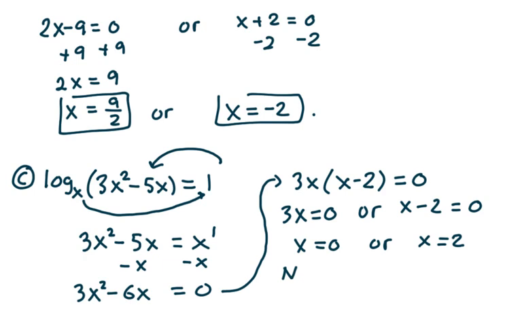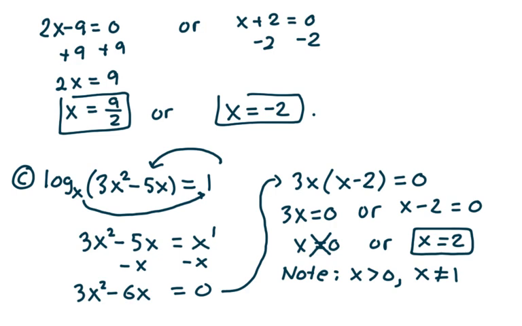Now, let's note here. X is the base of this equation. And remember, x is positive, and x can't be 1 because x is a base. So we get to x this out and just stick to 2. And that's the correct answer for part C.